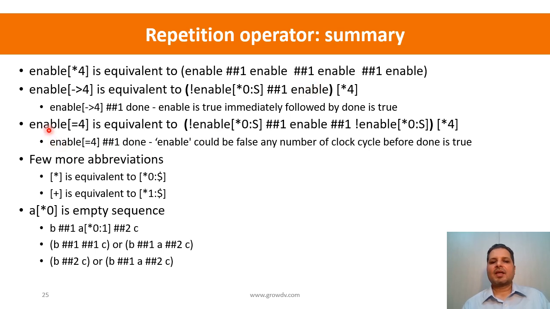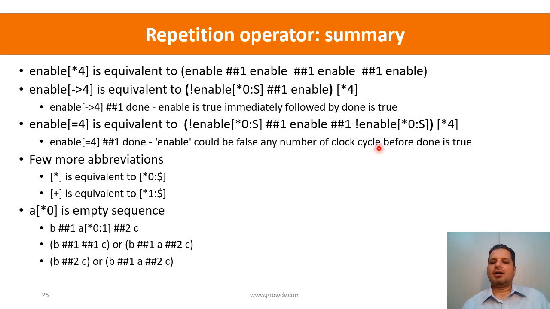Whereas when I say non-consecutive repetition, instead of go to, this was a go to repetition where at the last it expects it to be asserted, whereas in the non-consecutive repetition, you can see that it could be unasserted, or it could be 0, and then it goes 1, and then it can remain 0 for any number of clock cycles. It could be 0 as well. If it is a 0, then it's equivalent to your go to repetition, but this is present.